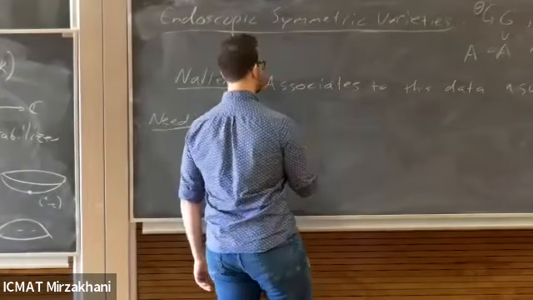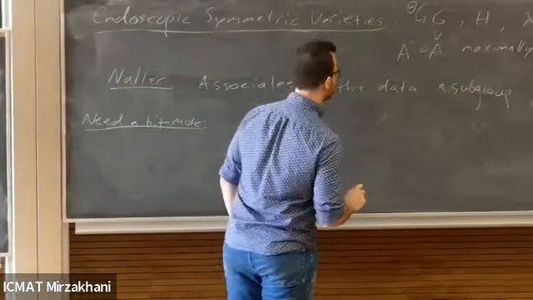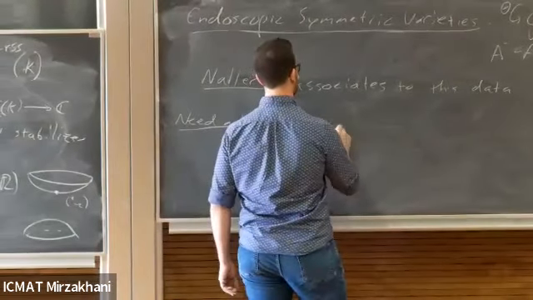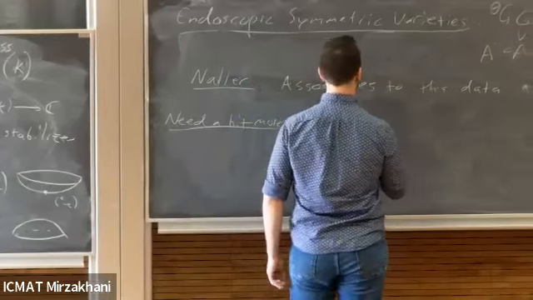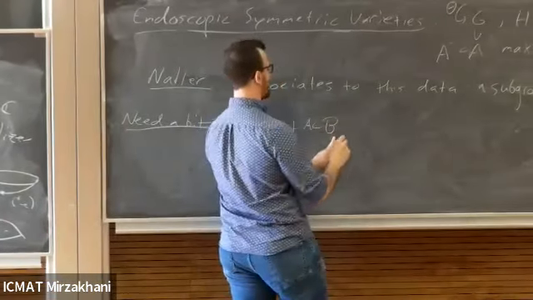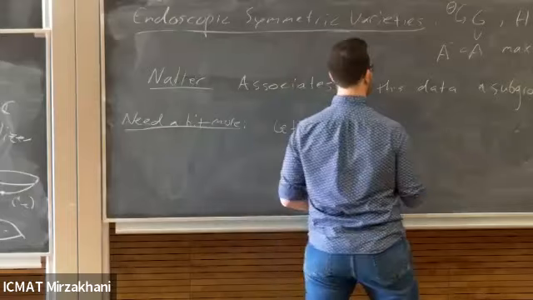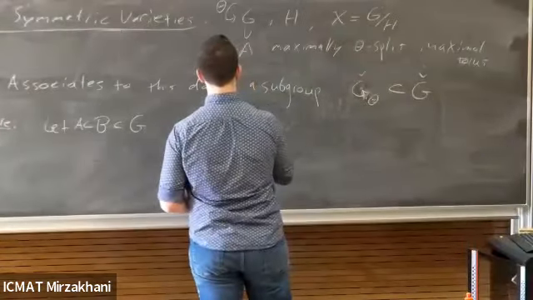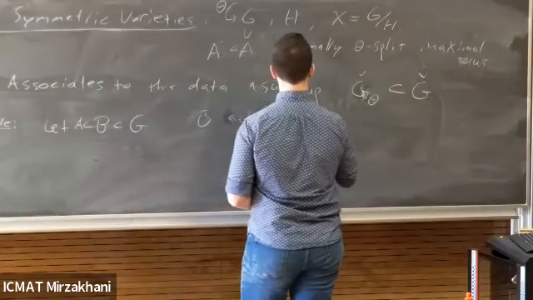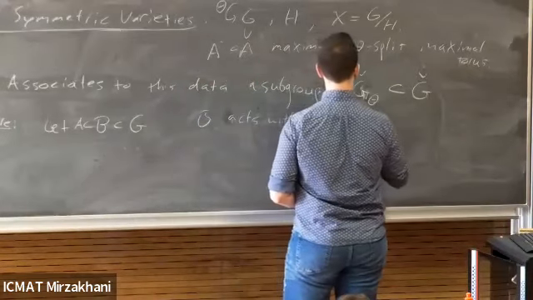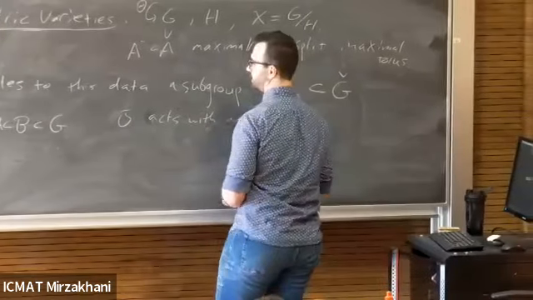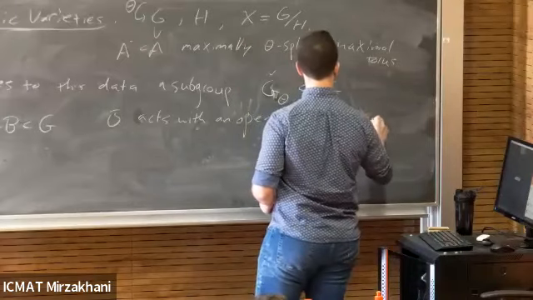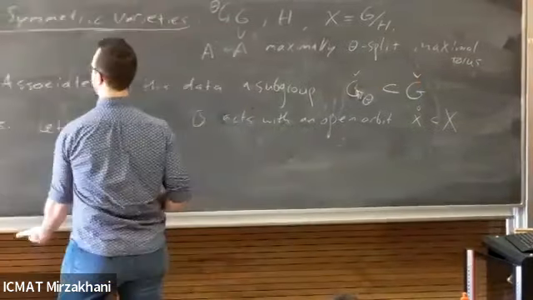And what I'll need is the following. I'll let B be any Borel containing my torus A. Then this is a spherical variety, and so B acts with an open orbit, which I shall call X naught.